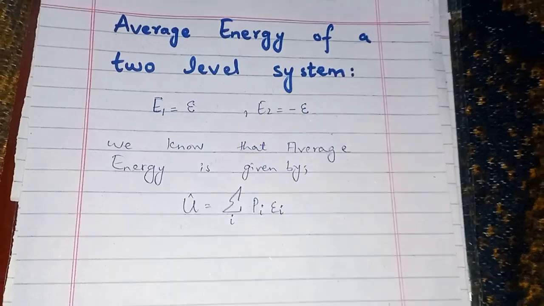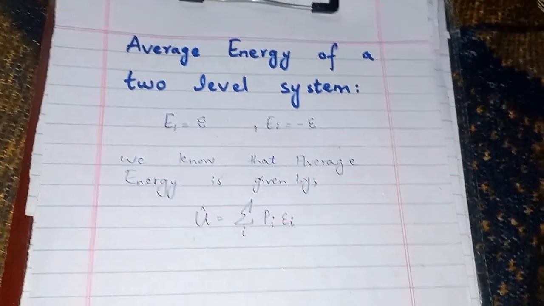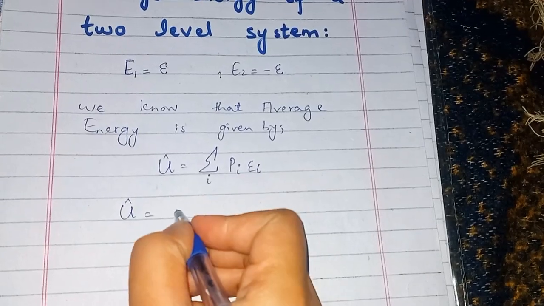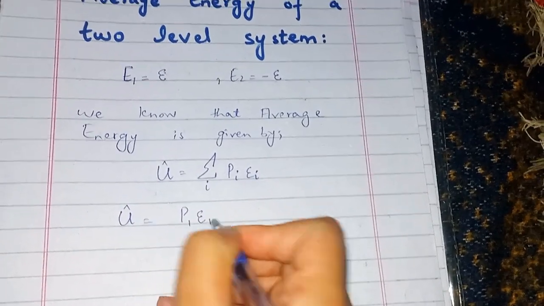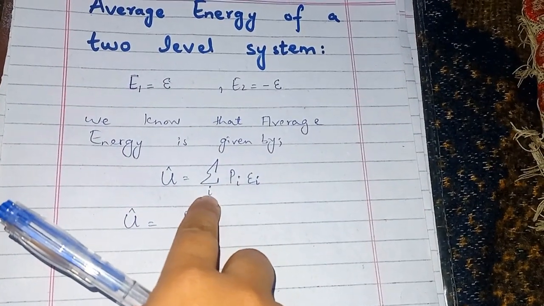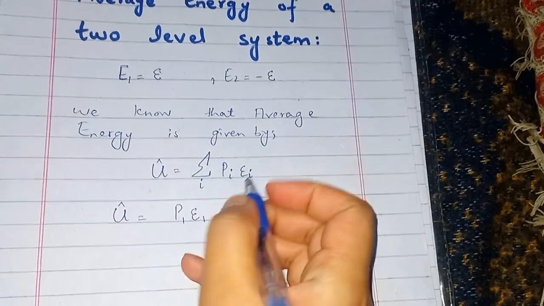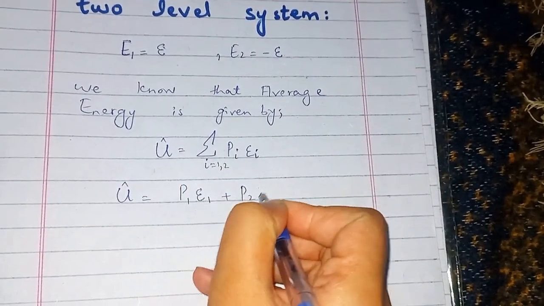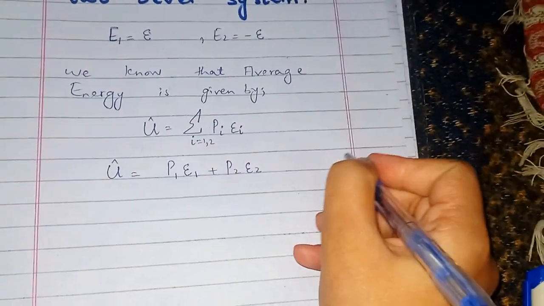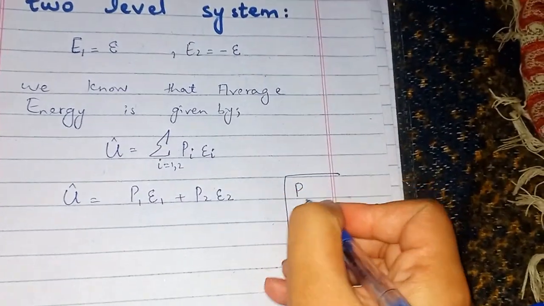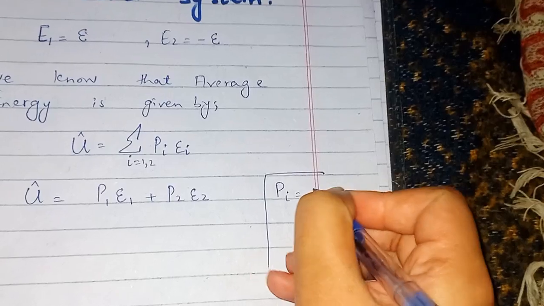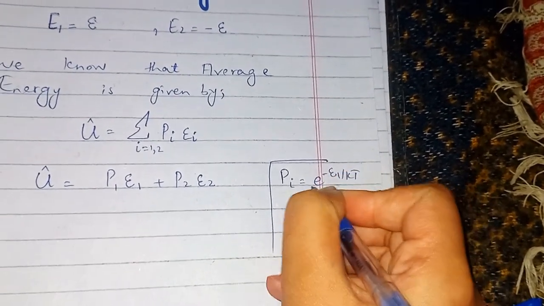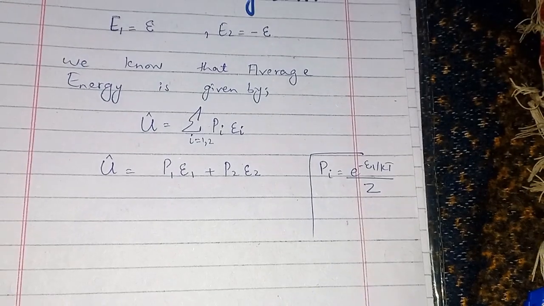We can use this formula to calculate the average energy, and we can expand it into P1 E1 plus P2 E2, since there are only two states. So i equals 1 and 2. The probabilities are given by P_i equals e to the power minus E_i by kT divided by Z, where Z is the partition function.